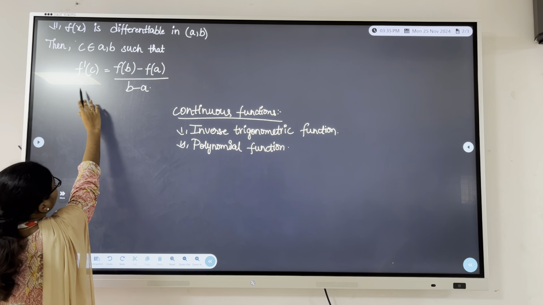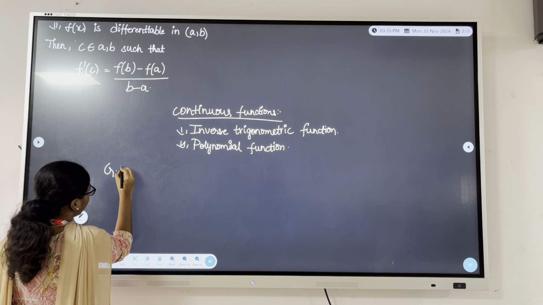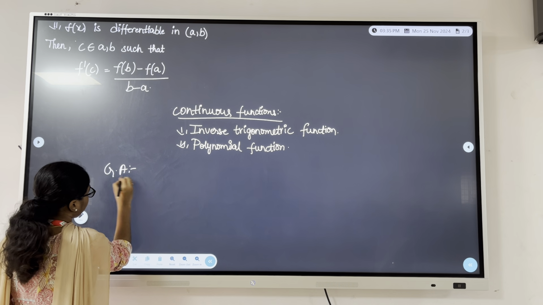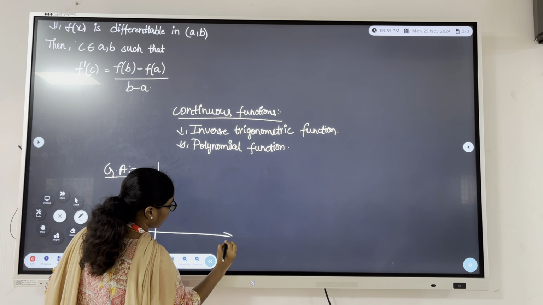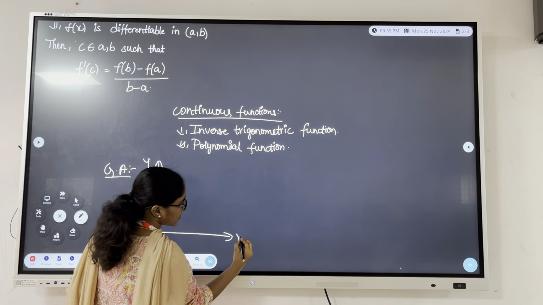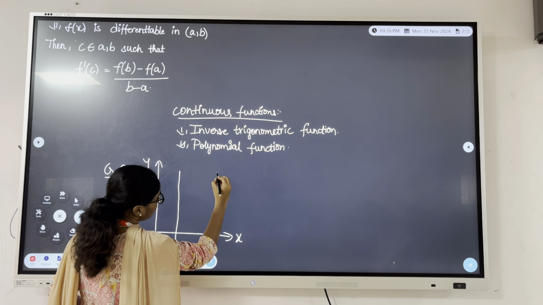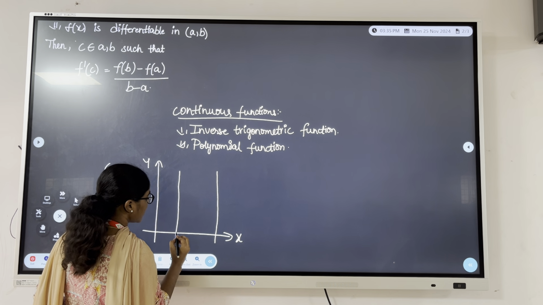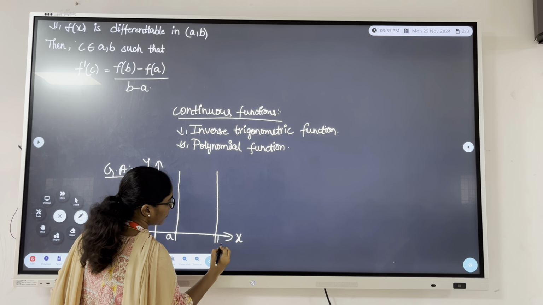Now let us know how we get this formula by geometrical application. As we all know that this is y-axis and this is x-axis. Now let us take two lines parallel to y-axis and let it be a and let it be b.